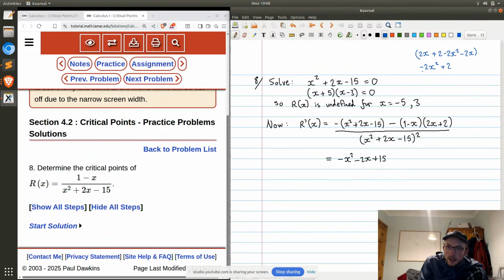And then these signs flip, so that turns into plus 2x squared minus 2x minus 2. Just like that.